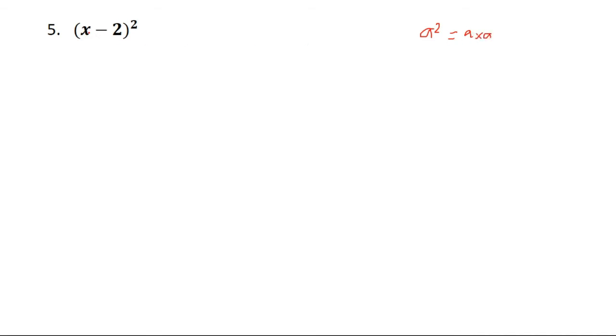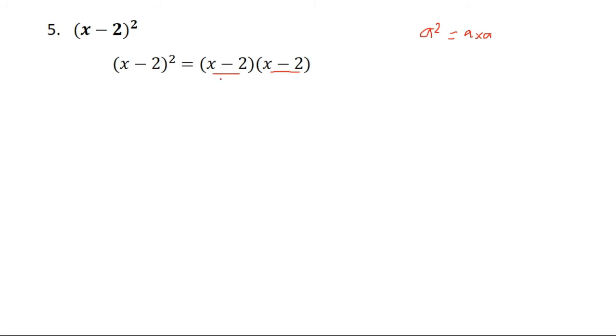So if you are having x minus 2 all squared, x minus 2 all squared is the same as x minus 2 in one bracket, then x minus 2 in another bracket. So just as a squared is going to give us a times a, x minus 2 all squared is going to give us x minus 2 in one bracket, then x minus 2 in another bracket.